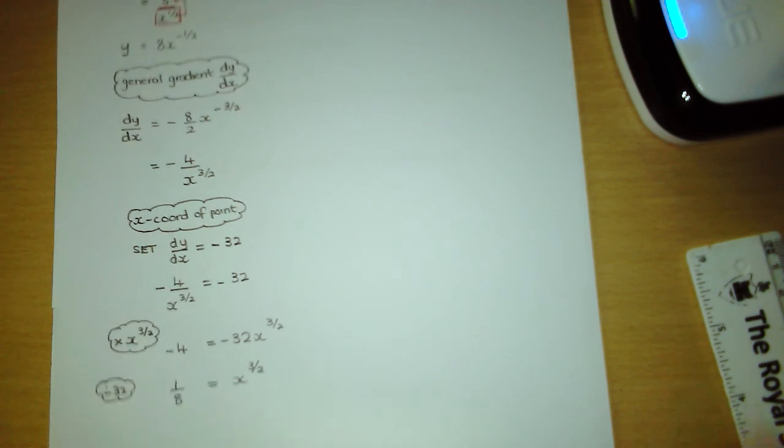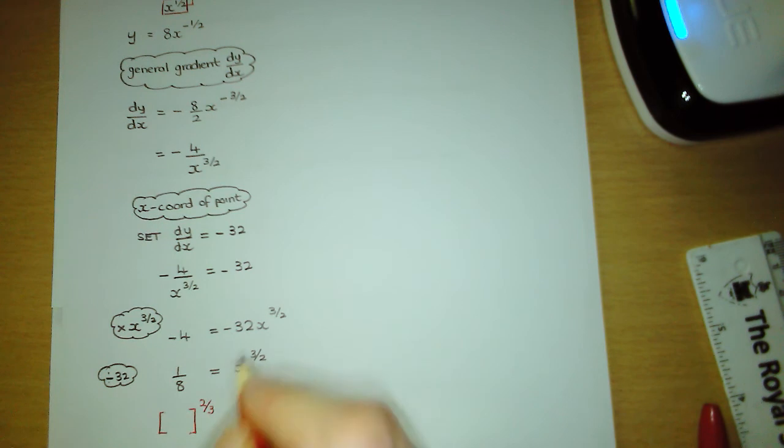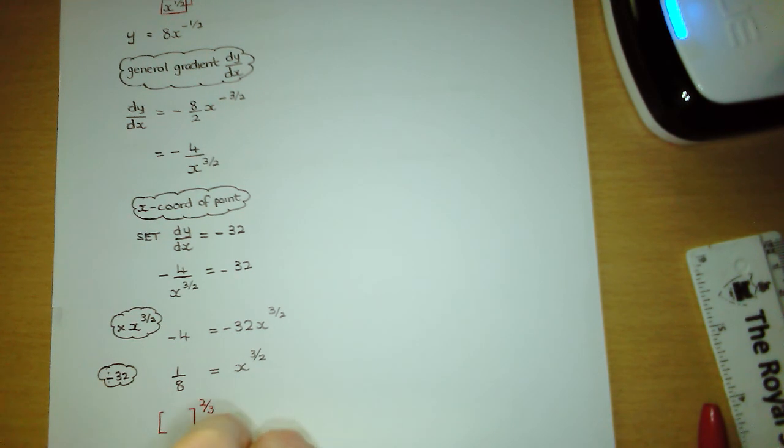So what we do is we put brackets around the other side and we apply the reciprocal power to it. So the reciprocal power of 3 over 2 is going to be 2/3. And once you apply the reciprocal power to the other side, then you've got rid of the 3 over 2 here. So you're just left with x. So we're taking the reciprocal power of 1/8.